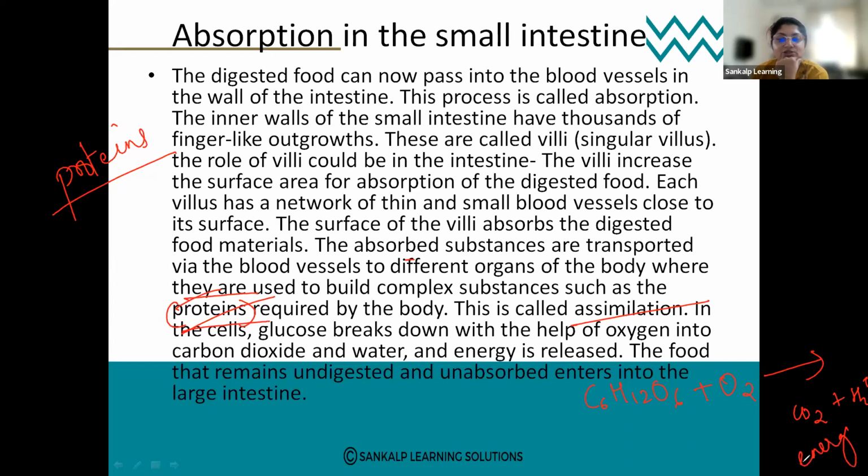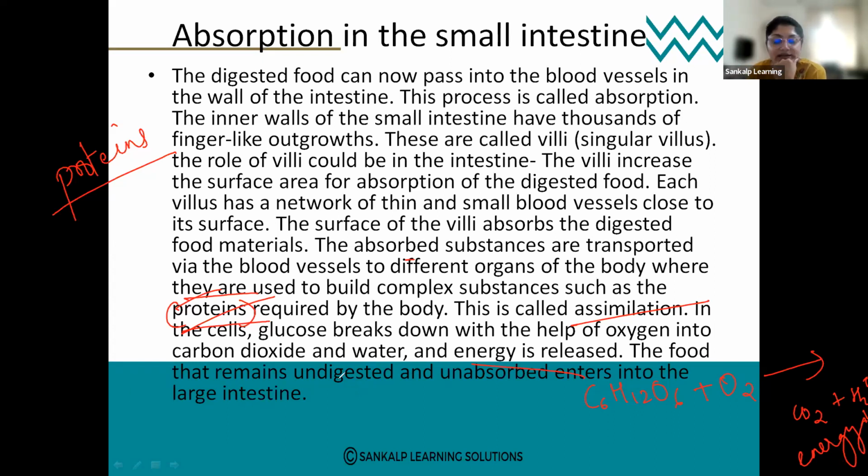This energy is utilized for your work. Whatever glucose is produced by the body breaks down with the help of oxygen into carbon dioxide and water, and energy is released. So that energy you get back. After having food, this is the process by which energy is released.